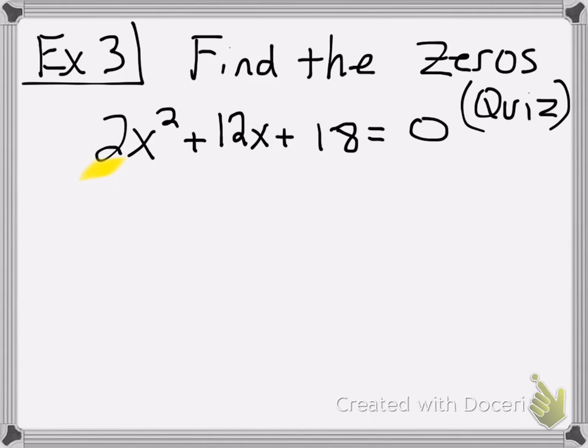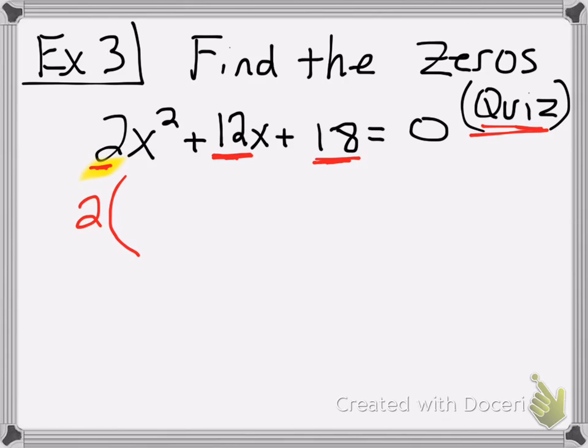You could really cut down the amount of work if you check this first term here and see if it divides B and C. You might want to do that first, okay? Especially on the quiz. This is going to be a test to see how much you guys paid attention. Since 2 divides 12 and 18, I'm going to go ahead and factor that out.